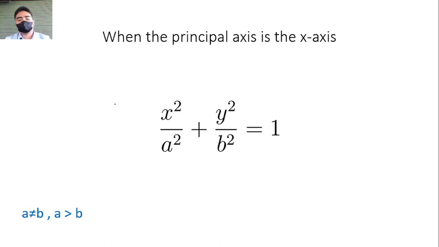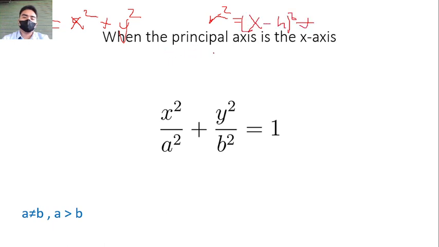If you will notice, this is a bit the same as your circle, isn't it? The formula in a circle: you have r squared is equal to x squared plus y squared, or sometimes r squared is equal to x minus h squared plus y minus k squared, isn't it?